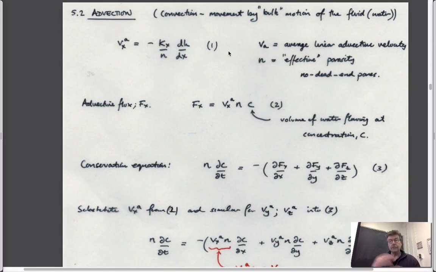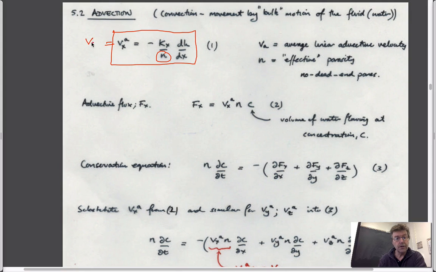The first was diffusion and, by inference, mechanical dispersion. The second was advection, which is physically traveling across space. We know that advective velocities are given by this expression here, right? This is just Darcy's law. So this is the same as Darcy velocity divided by porosity, this term here. Nothing more than that.